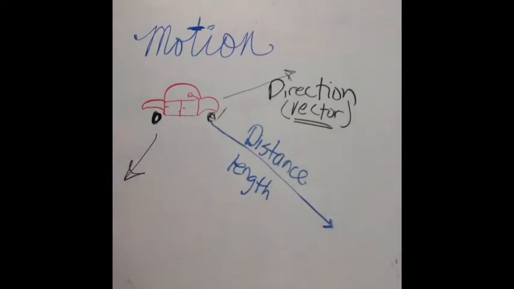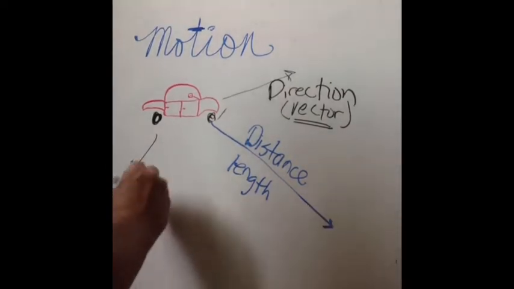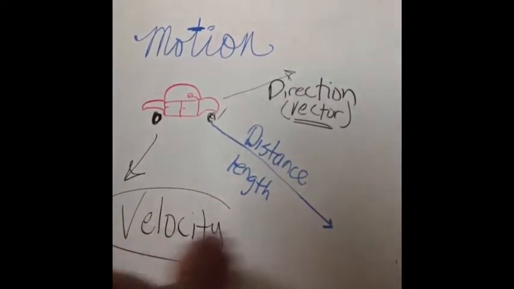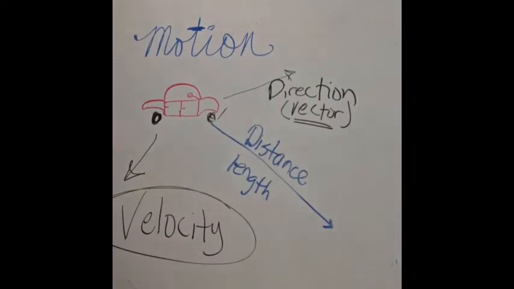Okay. Now, when something's moving, of course, you can measure its distance. You can tell what direction it's going in. And that's going to give you something that we call velocity. Velocity is the speed of something with a given direction.